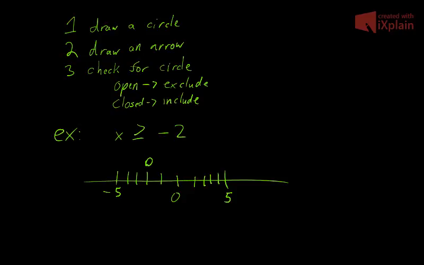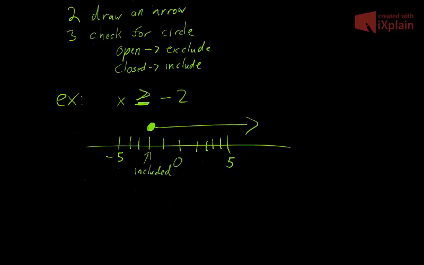Now I know it's greater than, so that's going off to the right. And last but not least, we are including negative 2, since x has to be greater than or equal to negative 2. Because we want this number, it is included, so we're going to fill in this circle. And just like that, we're done.